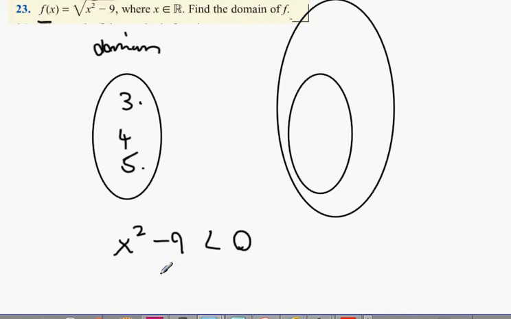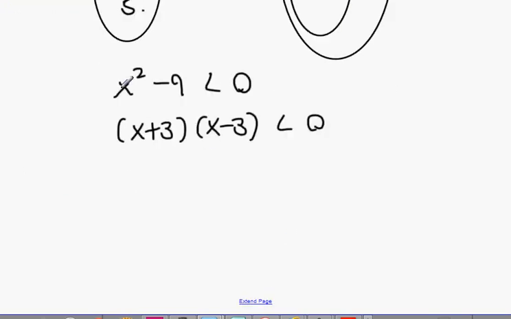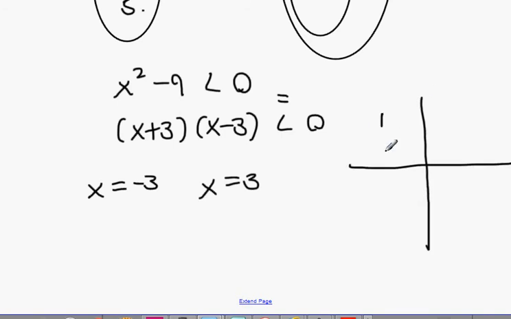We factorize and we get x plus 3, x minus 3 less than 0. And what we used to do is identify this curve, U-shaped or N-shaped? U-shaped. So what we usually do is pretend that it's equal to 0, and we'd say x equals plus or minus 3. We draw a rough sketch of our graph where it hits 3 and minus 3.